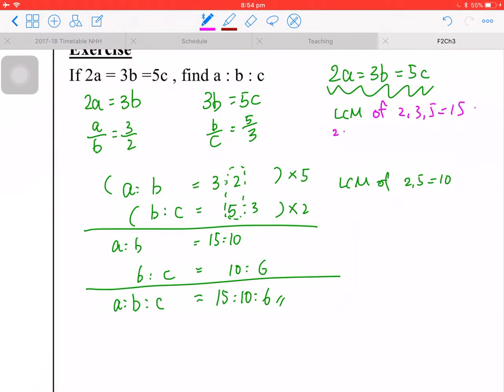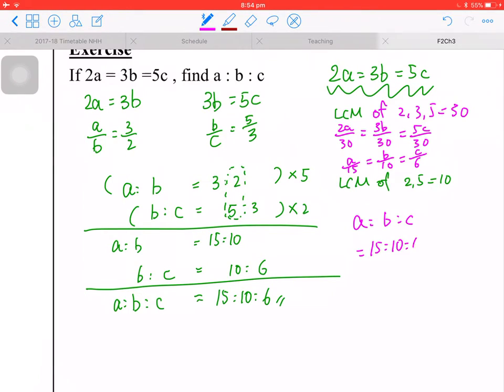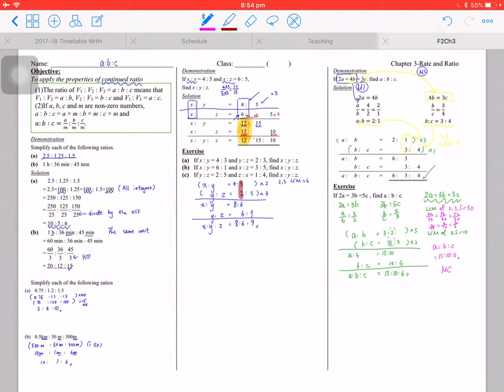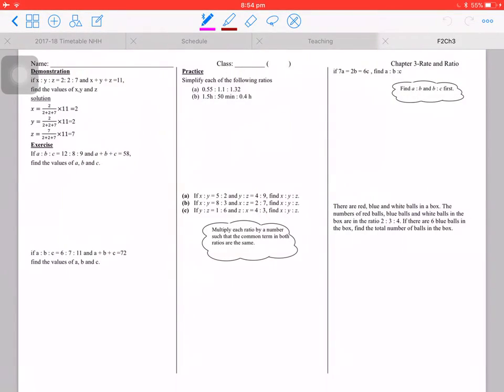So if you divide by 30, then you will have A over 15 equals B over 10 equals C over 6. So you know that A to B to C equals 15 to 10 to 6. It is useful when you are doing multiple choice questions. Okay, is it clear for you? I guess you can try to finish the next page on your own.